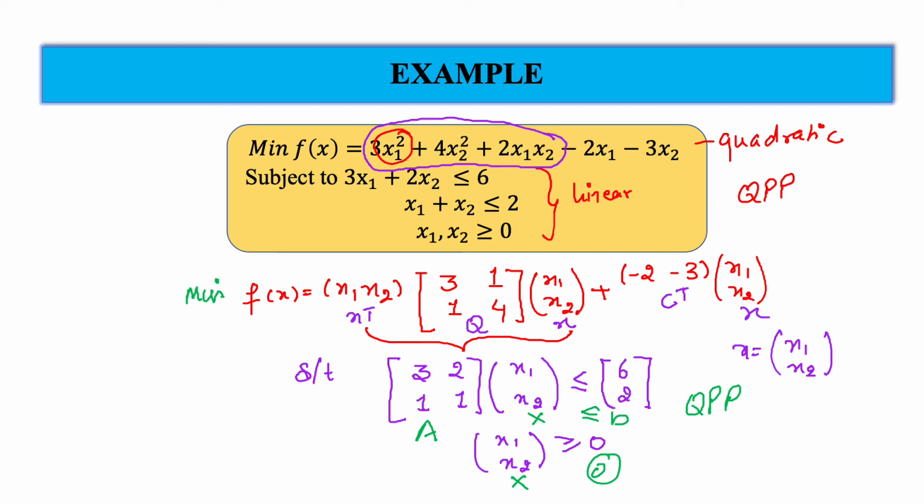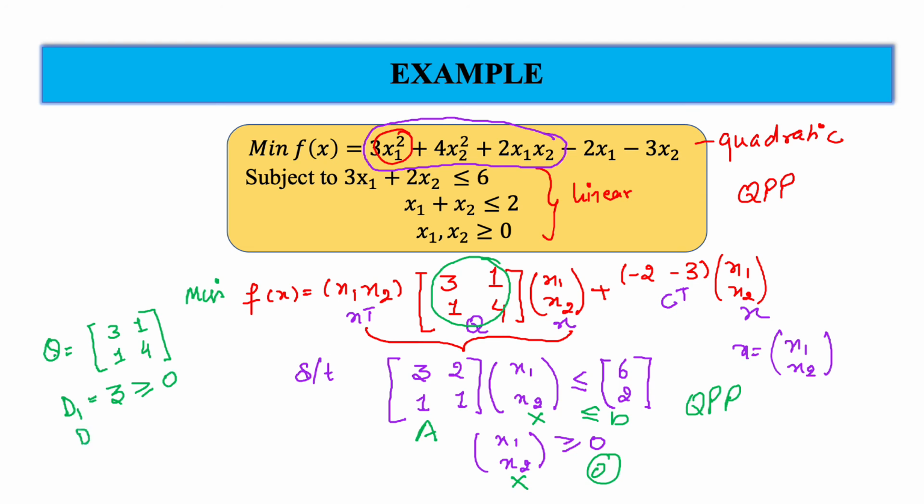Now this Q, you can readily see, is [3 1; 1 4]. The principal minor D1 of order 1 is 3, which is greater than or equal to 0.